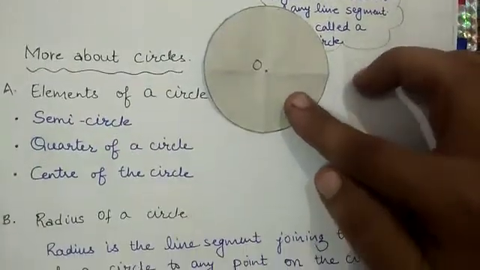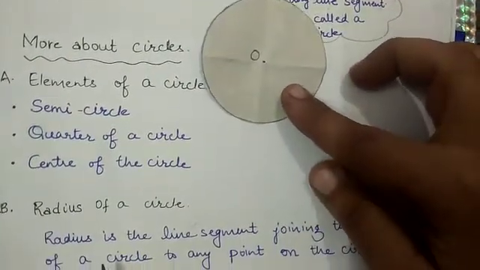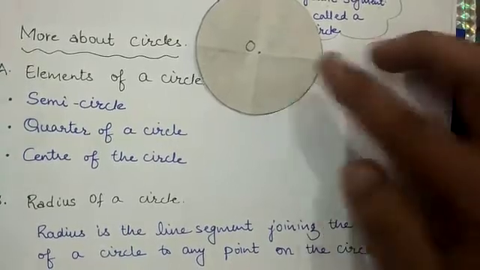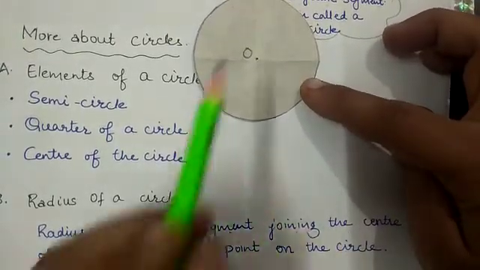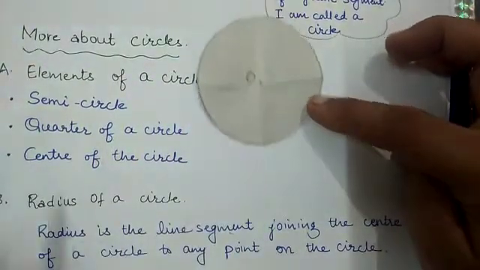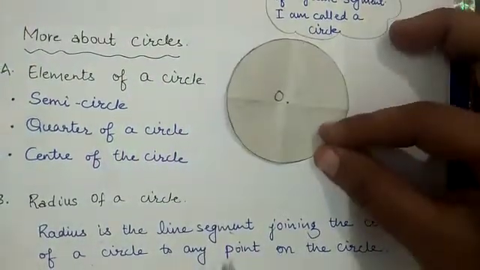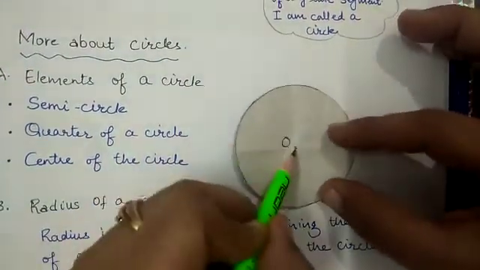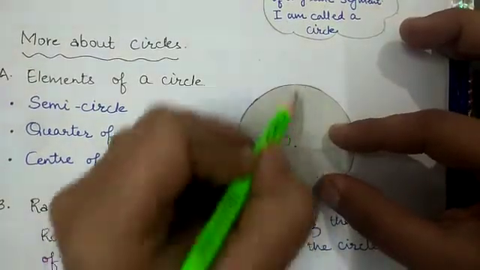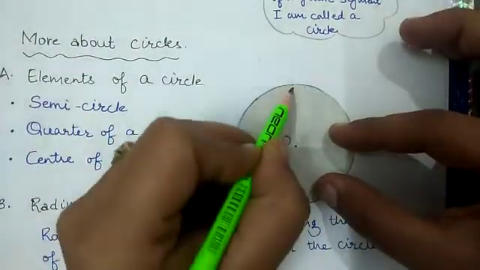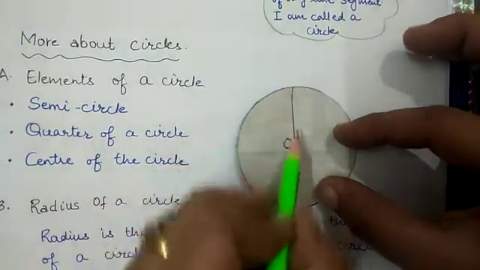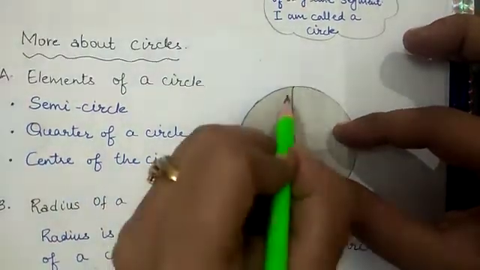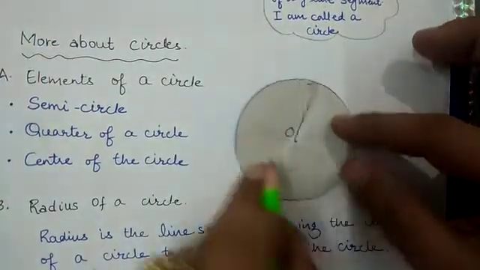Now next comes the radius of a circle. What is a radius? A line segment joining the center of a circle to any point on the circle. This is the center of the circle, and if a line segment is joined in such a way, this segment is known as the radius of the circle.